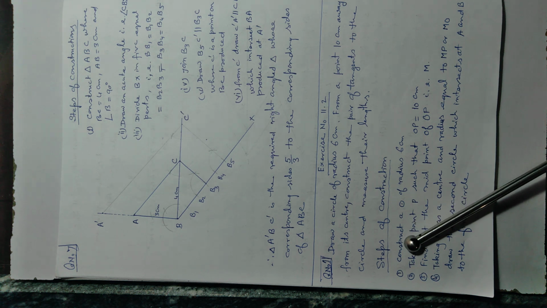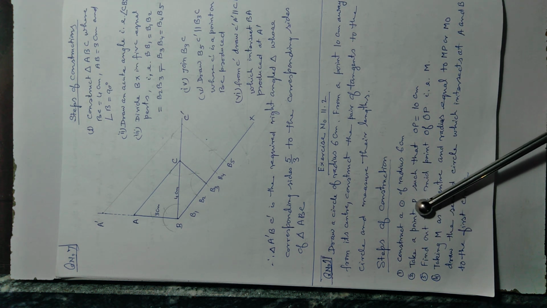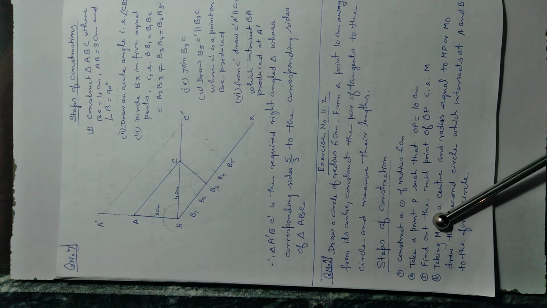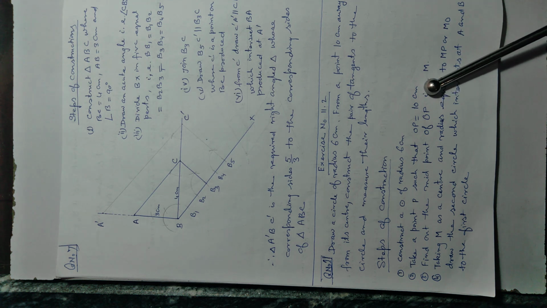So, the steps of construction are like this. Construct a circle of radius 6 cm. Take a point P such that OP is equal to 10 cm.